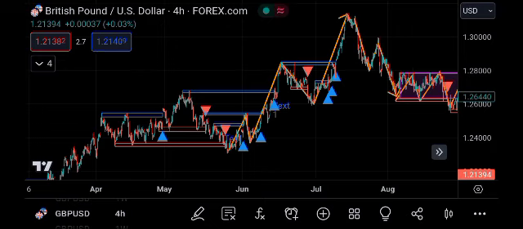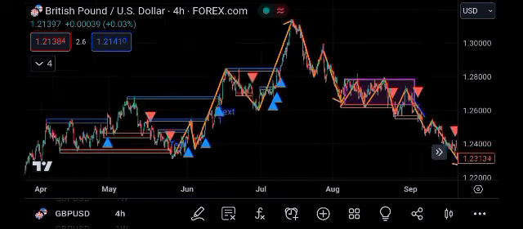In the same way, in the bull market, the price will continue making higher highs and higher lows until finally a higher high fails to be created, and instead a lower high is created.